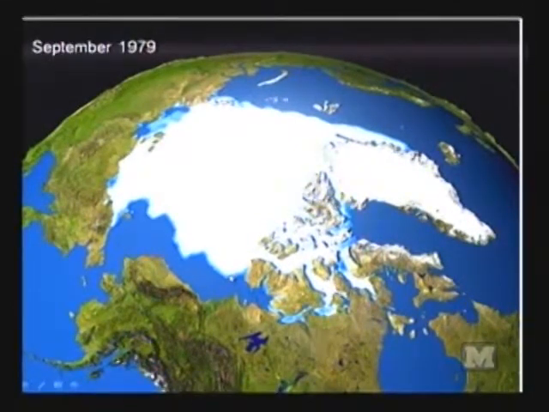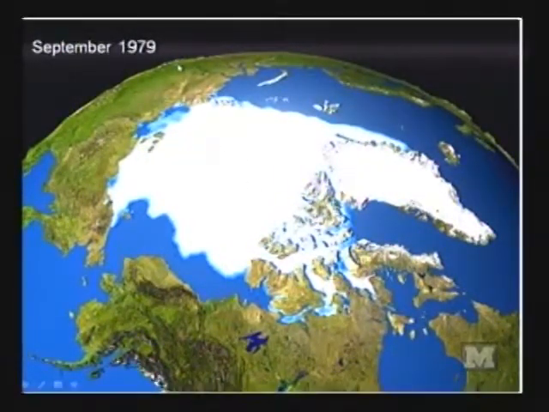There's a cycle of freezing and breakup in the Arctic Ocean, but this particular view is in September, which is the end of the summer. And so even after a whole summer of warming and breakup, there's still a very substantial amount of sea ice in the Arctic.